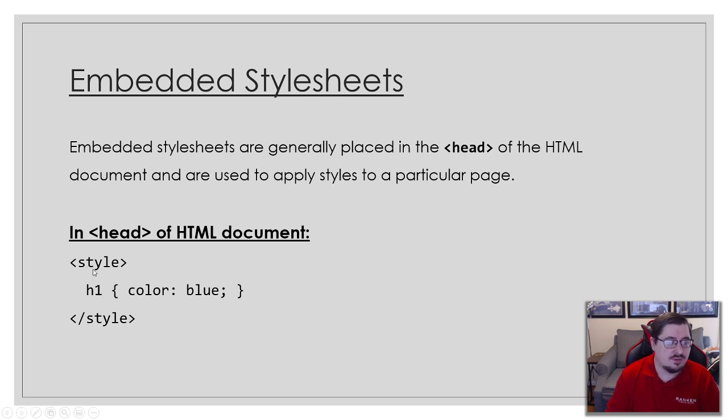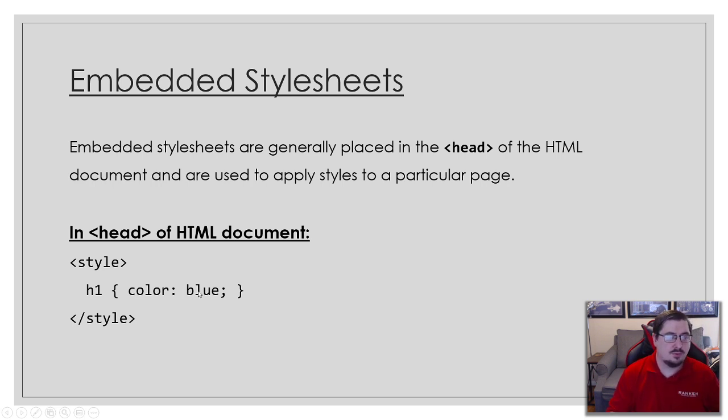So when we add those, we're going to start it with a style tag and end it with a closing tag. Within there, we'll put our individual rules. So here, for instance, you'll see my rule says all of the H1s on this page will get a color of blue.